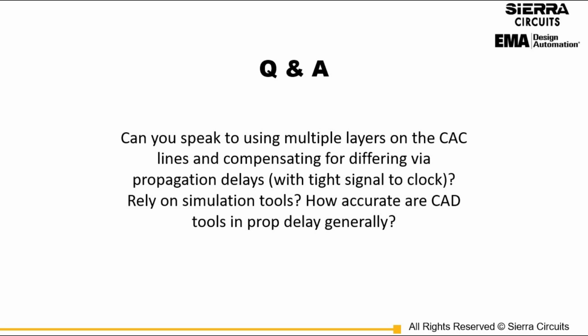Going from the chip to driver to receiver with DDR, stay on the same layer, not going through multiple layers, which would add more vias, obviously changing the impedance because of those vias. But again, rely on your simulation tool to help you with those. Our tool, as you saw in my constraint manager, is rather accurate, but at the same time, we still run it through simulation for that final golden check that says everything is good.